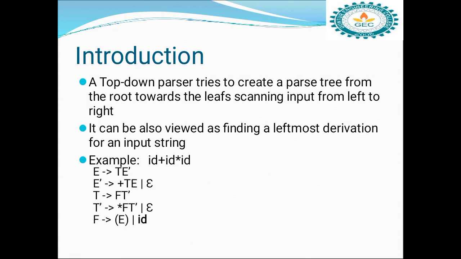A context-free grammar has four components: variables, terminals, productions and the starting symbol. These are the productions: E tends to TE dash; E dash tends to plus TE dash or epsilon; T tends to FT dash; T dash tends to star FT dash or epsilon; F tends to open brace E close brace, or ID.